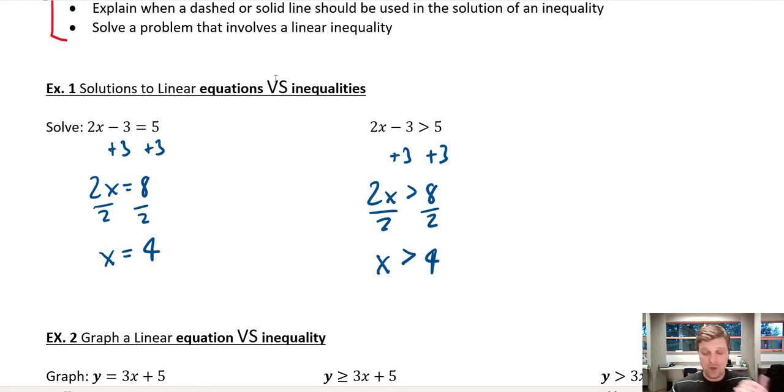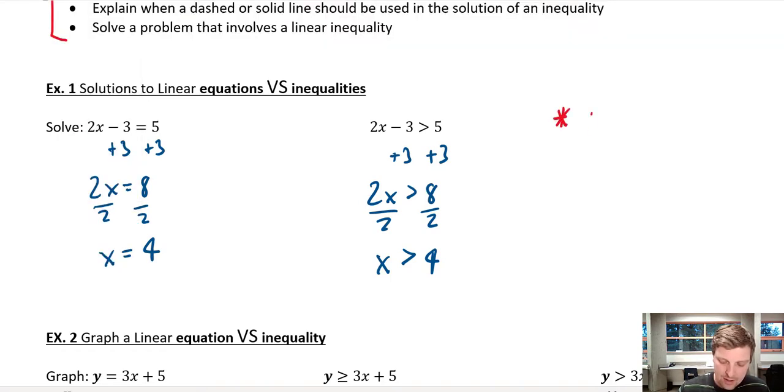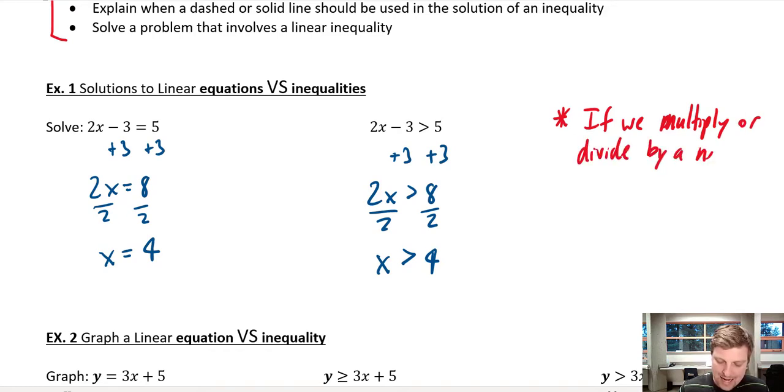And so all the same rules that we have for algebra apply if you want to subtract, add, multiply, divide, square root, whatever you want to do. The only thing we need to be aware of, and I'll make a little note here, is if we multiply or divide by a negative number.